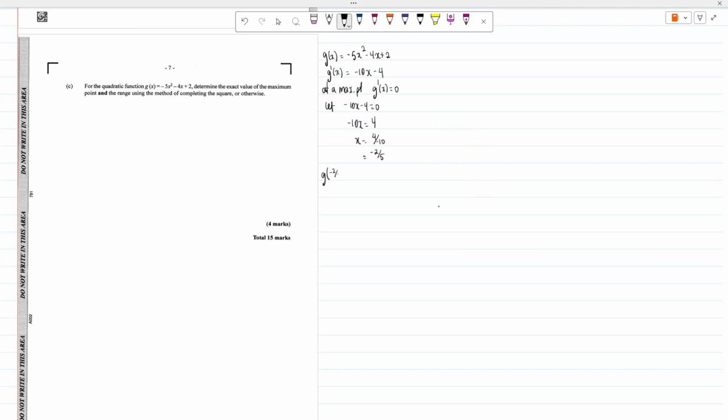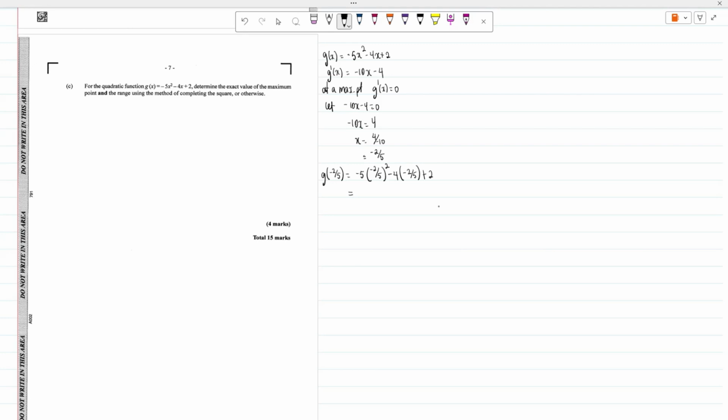g of minus 2 over 5 is equal to minus 5 into minus 2/5 squared minus 4 into minus 2/5 plus 2. And this is the beauty of having a function as an equation. I don't have to say when x is negative 2.5, y is equal to.